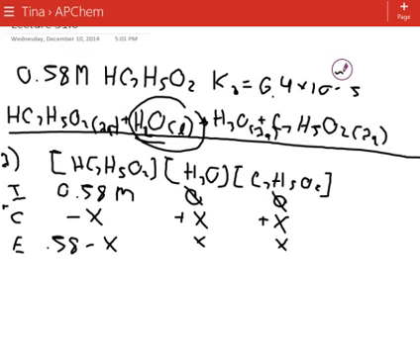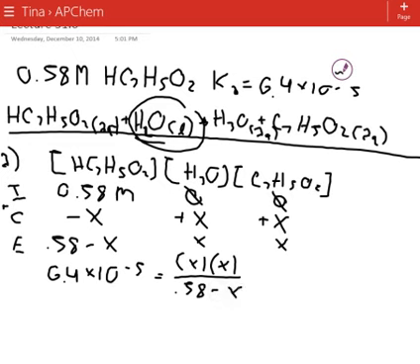In the question, it tells us that the Ka is 6.4 times 10 to the negative 5, and we will set it equal to the products, which is X times X over 0.58 minus X. But according to the 5% rule, since the Ka is less than 1 times 10 to the negative 4, the change X on the reactant side is so negligible that we don't really need to focus on the X in this equation.